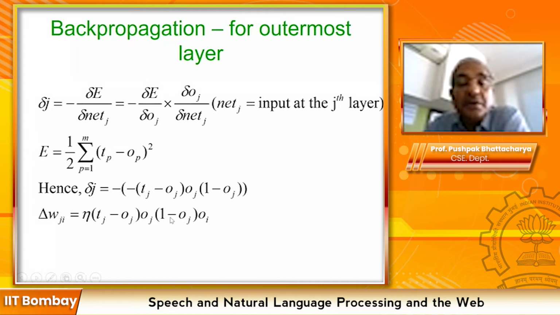Now the sigmoid function is bounded from 0 to 1. 1 by 1 plus e to the power minus x. This quantity reaches a value of 1 for x equal to infinity, and it reaches a value of 0 for x equal to minus infinity.